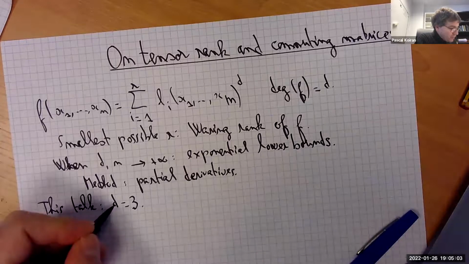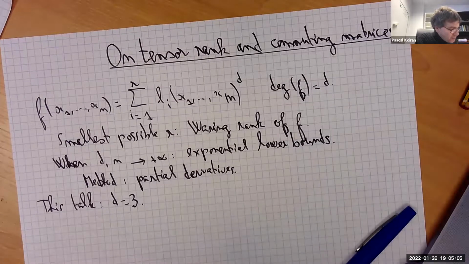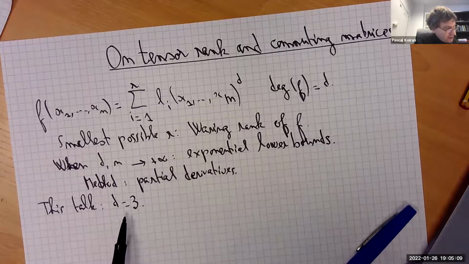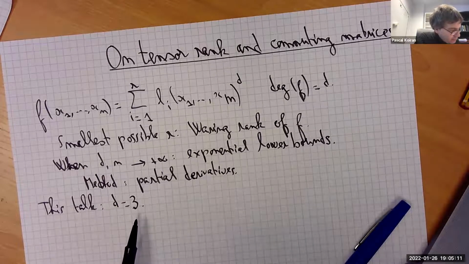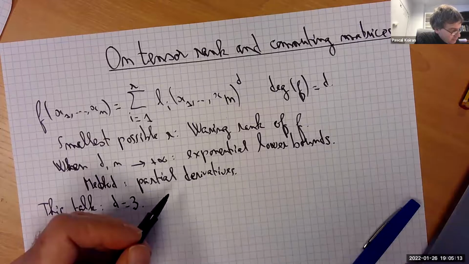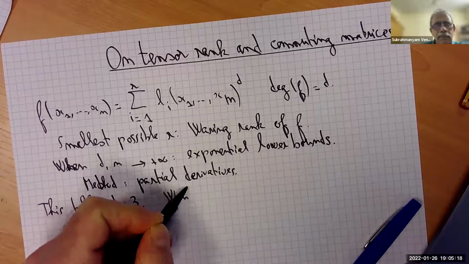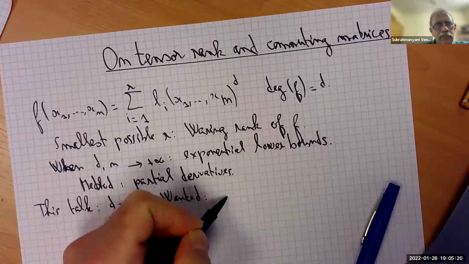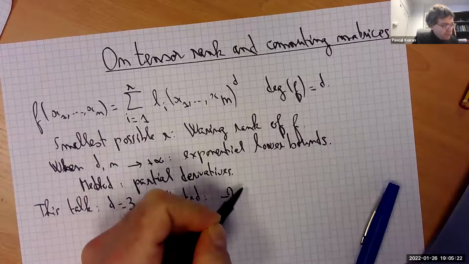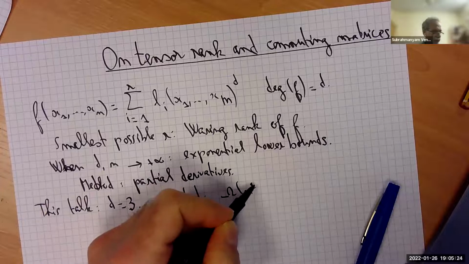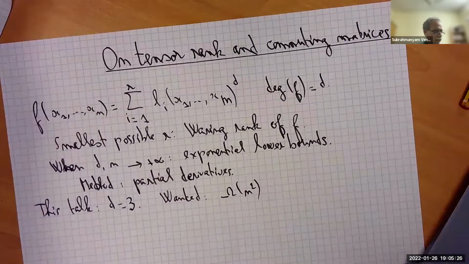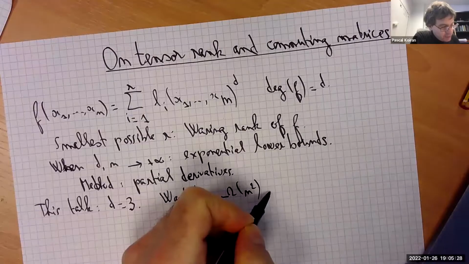Okay, so for degree 3, what would we like to have? Ideally, we would like to have Omega of n squared lower bounds for some explicit polynomial.